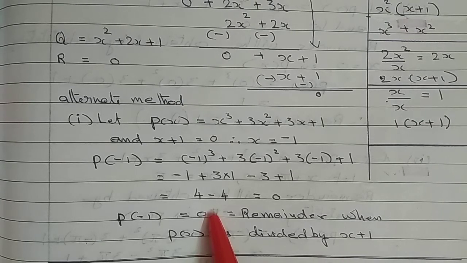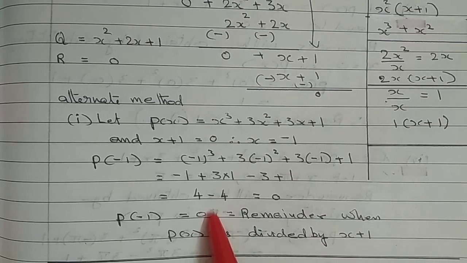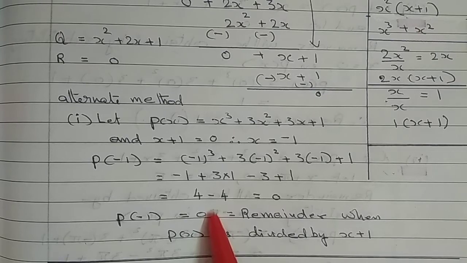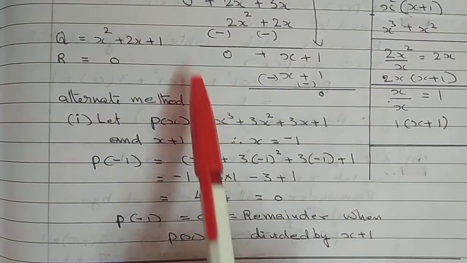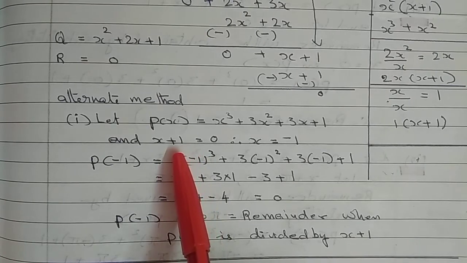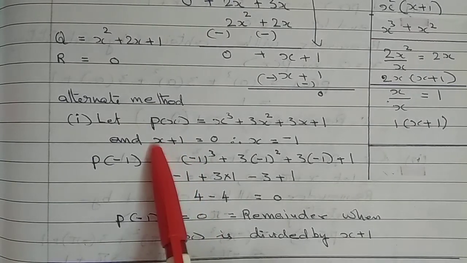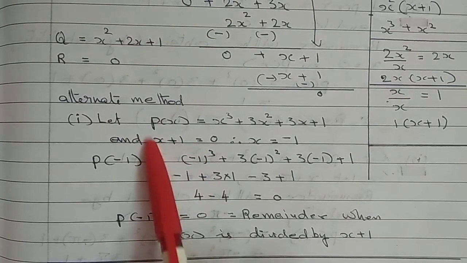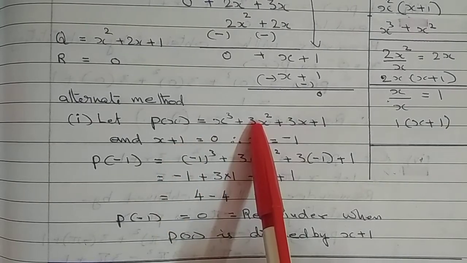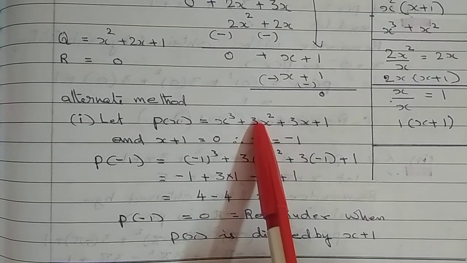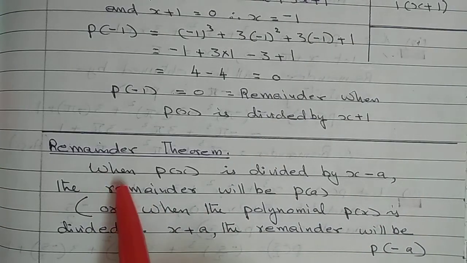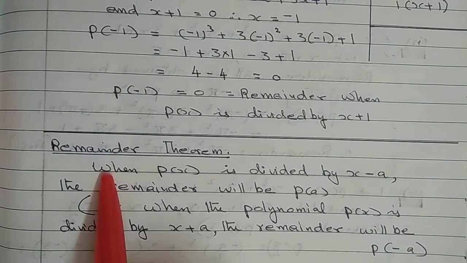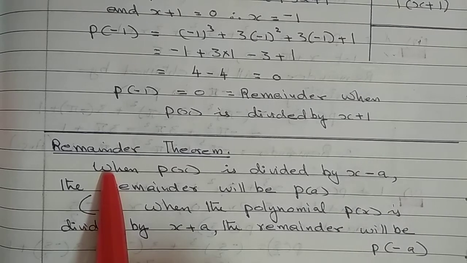Finding the remainder is very important, because if the remainder is 0, the dividend will be a multiple of the divisor, or the divisor will be a factor of the dividend. That is very important in factorization. Now we will see what the remainder theorem is.